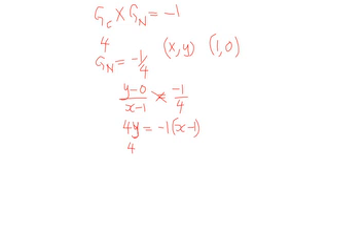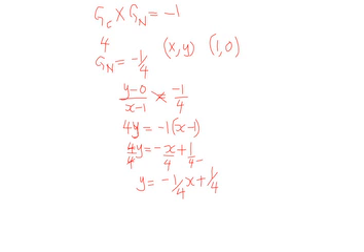So 4y equals negative x plus 1. We divide by 4, and y equals negative 1/4 x plus 1/4. This one is also divided by 4.